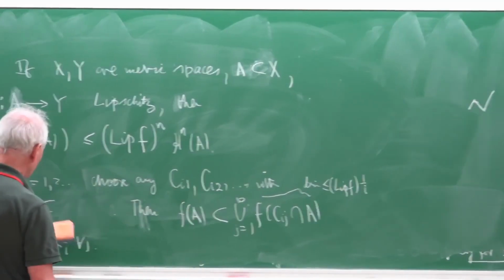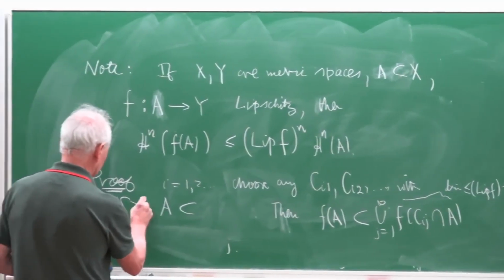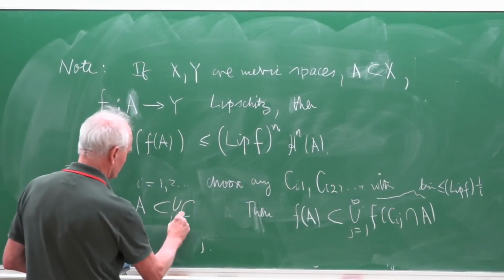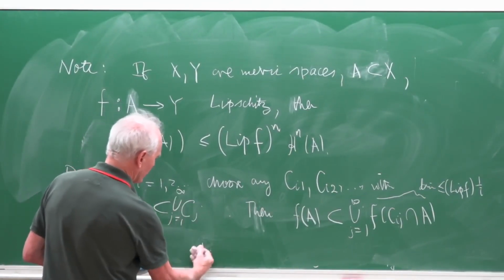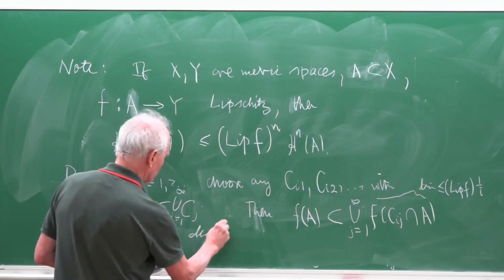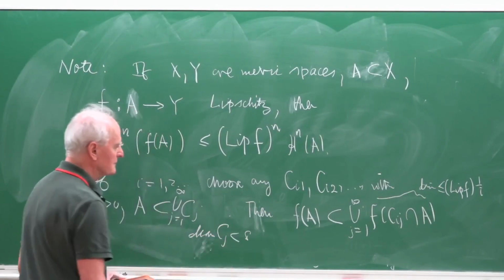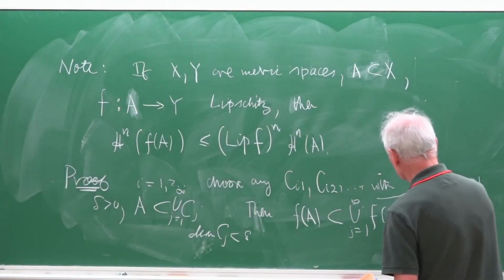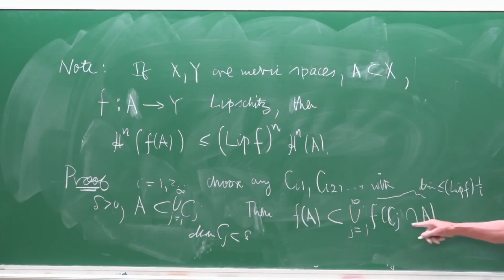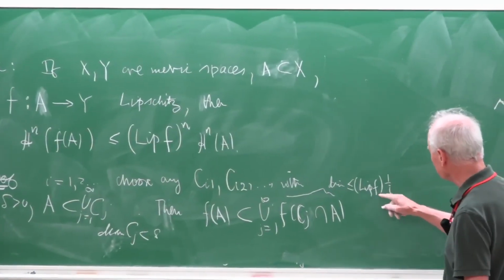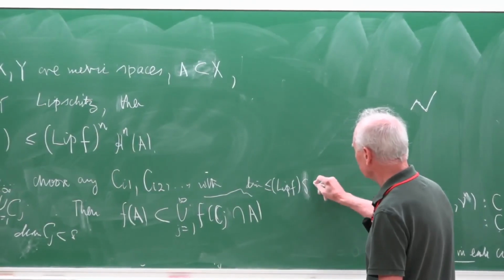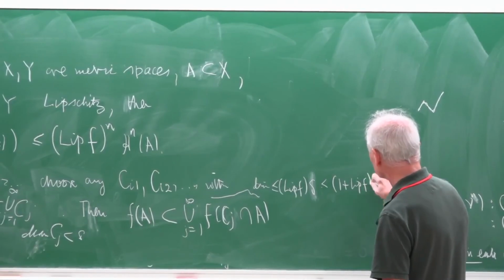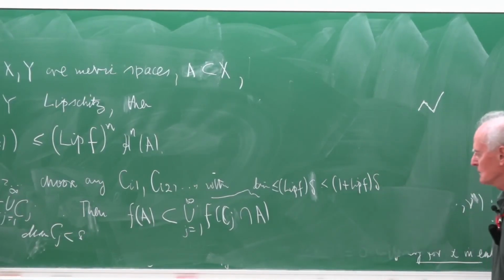Let me just take delta positive. I think that's better. And A contained in the union of the C_j's, and diameter of C_j less than delta. Let's just do that. So there's only one index here, C_j, and the diameter of these images is less than Lip F times delta. And that's less than (1 plus Lip F) times delta, of course, strictly less than.